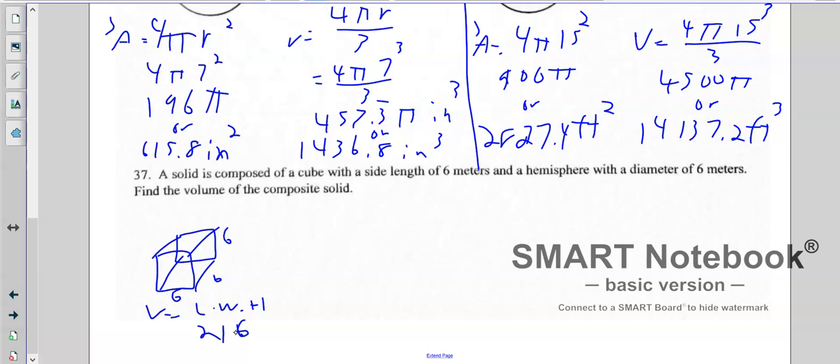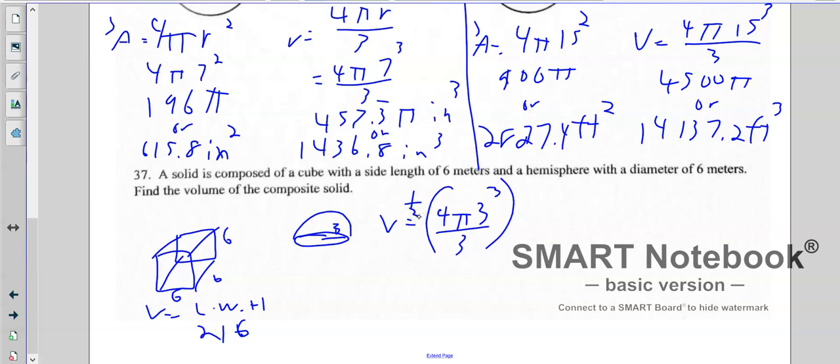Now it says it also has on top of it a hemisphere, which I'm just going to draw separately, with a diameter of 6, which means it has a radius of 3. So remember, volume of a sphere is 4 pi r cubed divided by 3. That's for a sphere, but we're going to have to go one step further and multiply by 1/2, or divide by 2, at the end because we have a hemisphere.